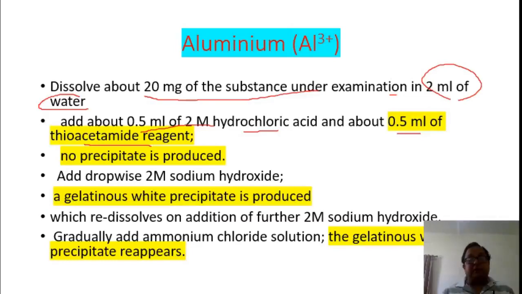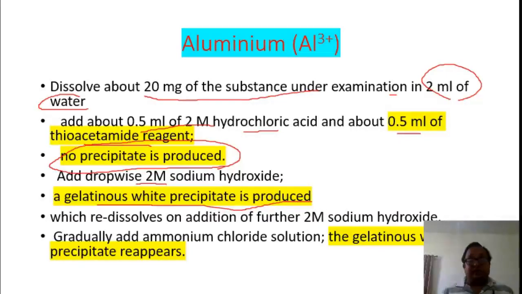Addition of these two reagents does not produce any precipitate, but as soon as we add 2 molar sodium hydroxide dropwise, it produces a gelatinous white precipitate.